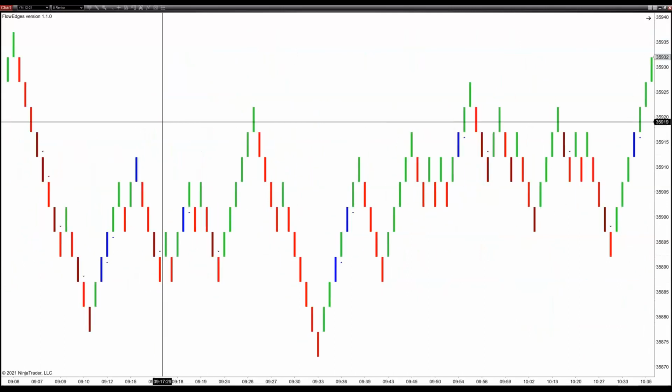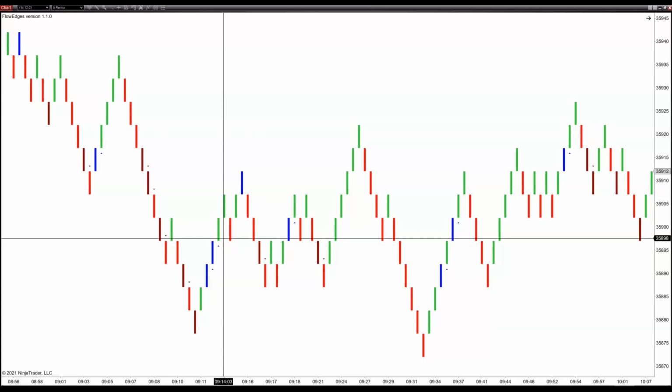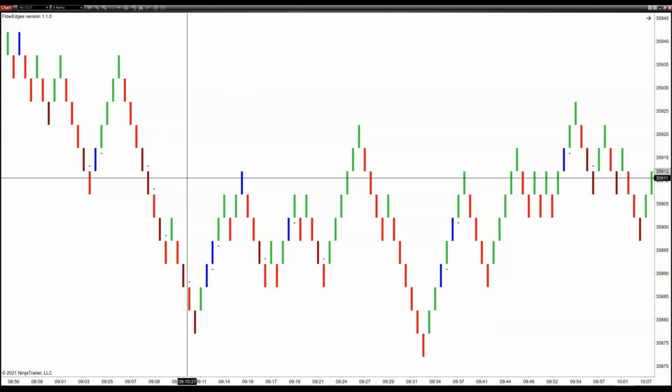So this is YM. Honestly, the way this Renko chart looks, it looks a bit like a range-based chart. I don't know what settings you use on your Renko chart.